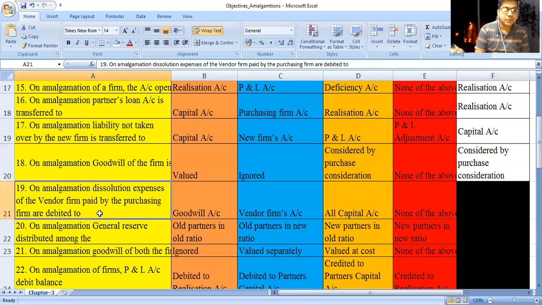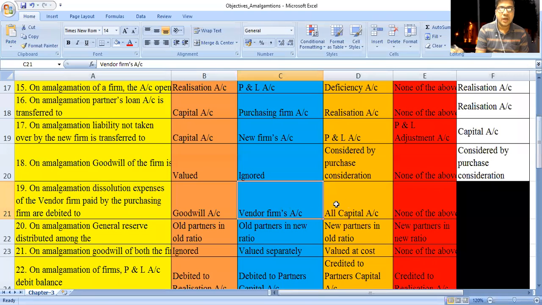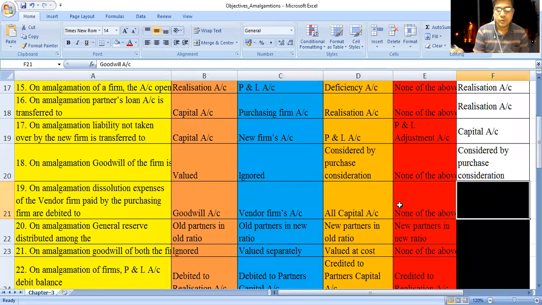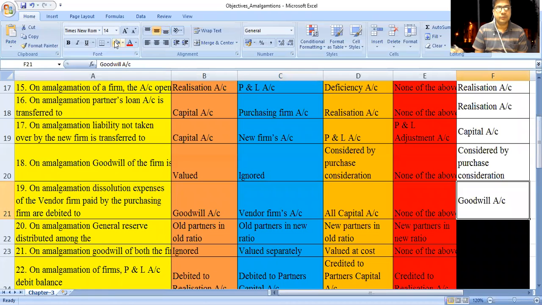On amalgamation, dissolution expenses of the vendor firm paid by the purchasing firm are debited to goodwill account, vendor firm account, all capital account, none of the above. Answer is goodwill account. So these things you have to keep in mind.